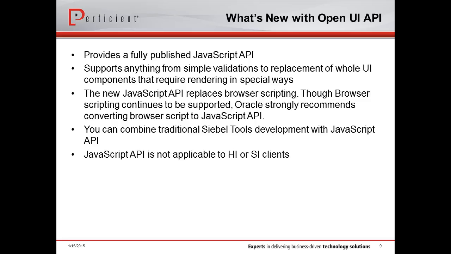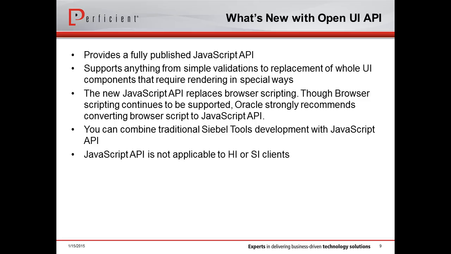It's important to note that the JavaScript API is not applicable to your high interactivity or standard interactivity clients. So those of you that are on 8.1.1.9 or below, that's our traditional high interactivity or standard interactivity clients that are running on Internet Explorer only. With the latest release of Siebel, it's still possible to deploy the high interactivity or standard interactivity versions of Siebel.